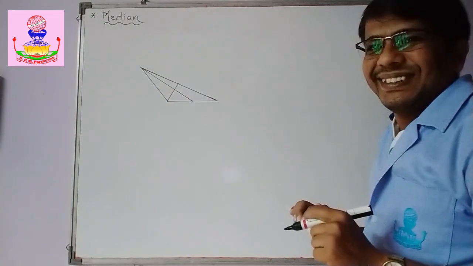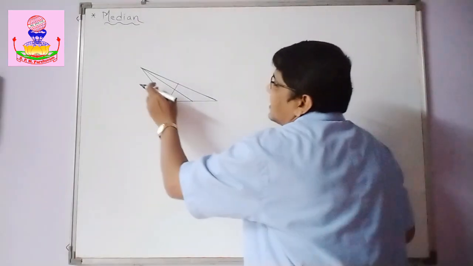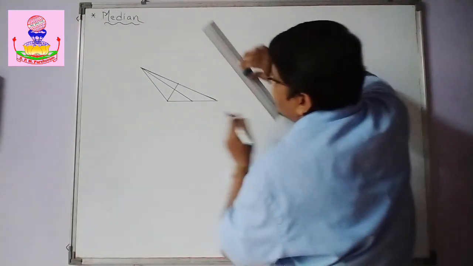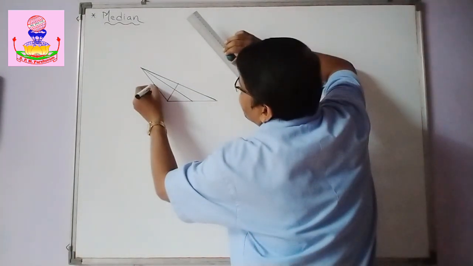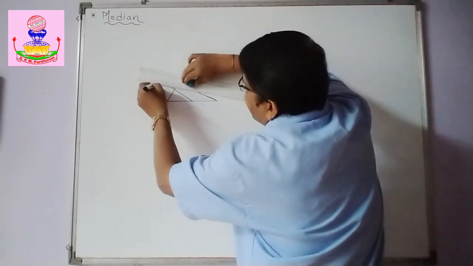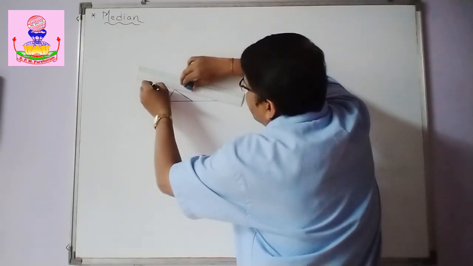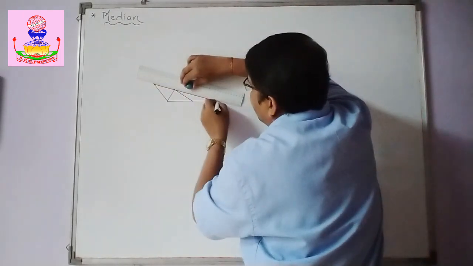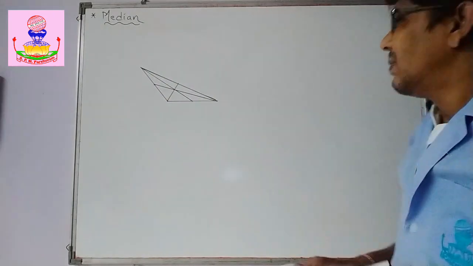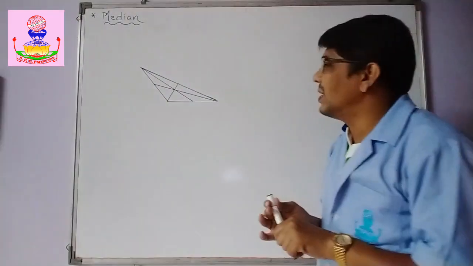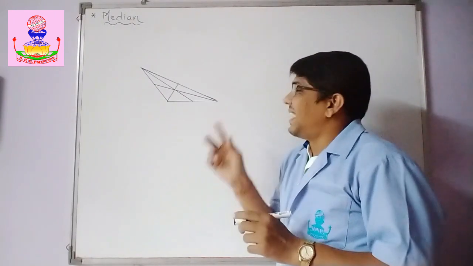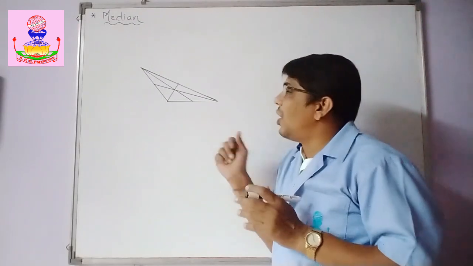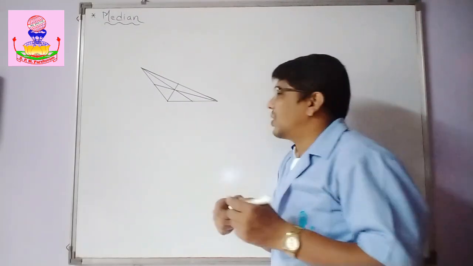And this is the side and this is the vertex. So this is the midpoint. What happens? What do you get? Yes, exactly. It lies in the interior of the triangle.